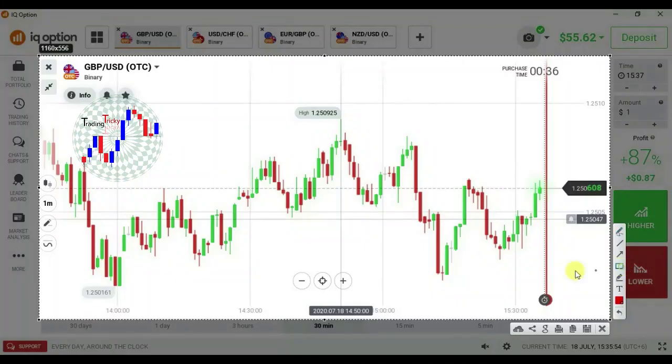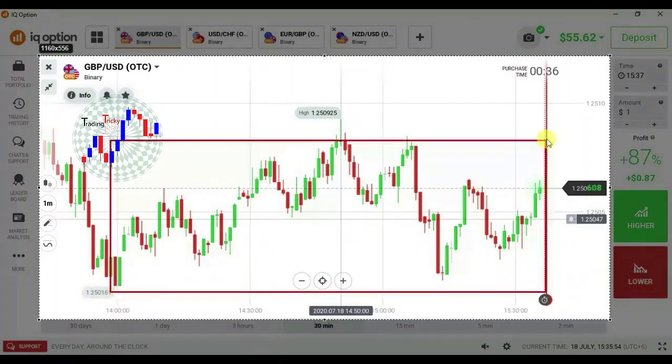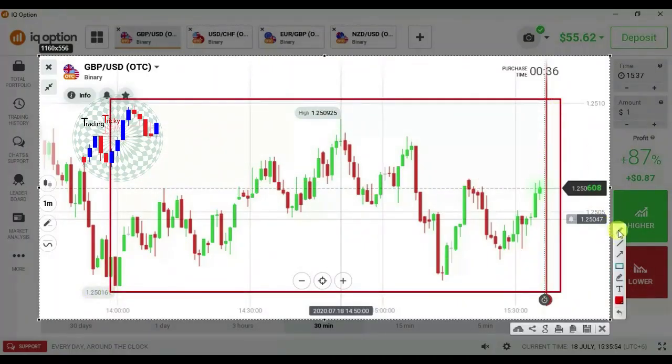If you check from here, this area, you can see this is a support because of strong buyer's entry. This is a resistance, support, resistance, support, resistance. Again, this is a support.